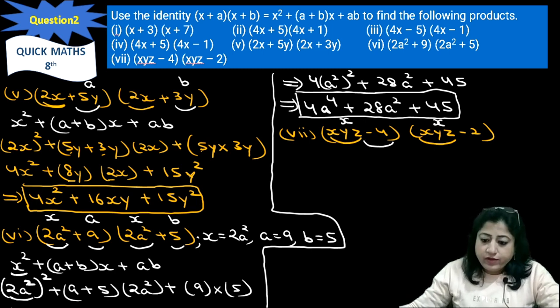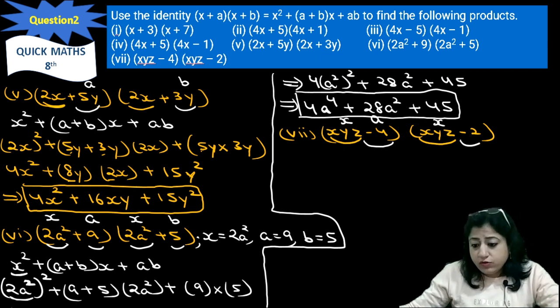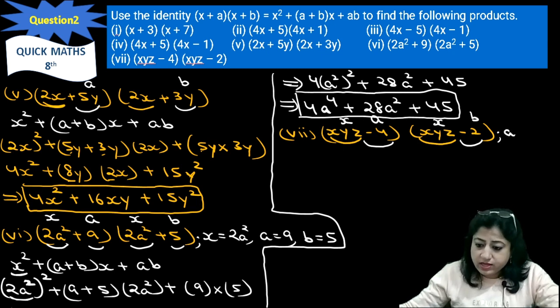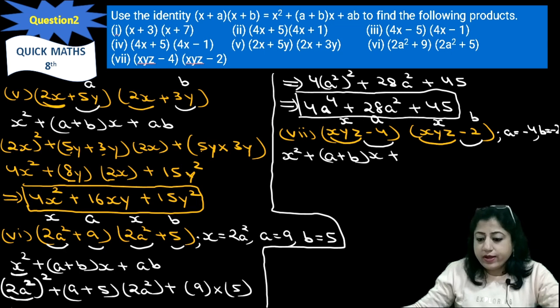What is the value of a? A is minus 4. Along with its sign, it is minus 4. What is the value of b? B is minus 2. So in this case, a value is minus 4 and b value is minus 2. So we will write x square plus the sum of a and b into x, and then the product of a and b.